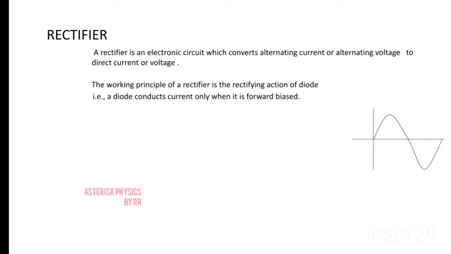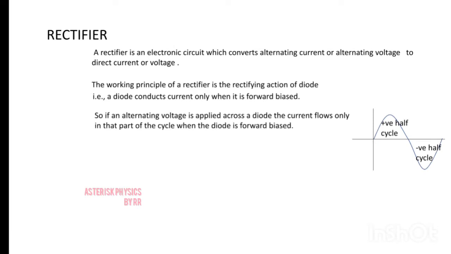That is, we can say instantaneous values of current and instantaneous values of voltage. At the same time, the direction of the current reverses or changes, or the polarity of the potential reverses. So an alternating current has a positive half cycle and a negative half cycle.